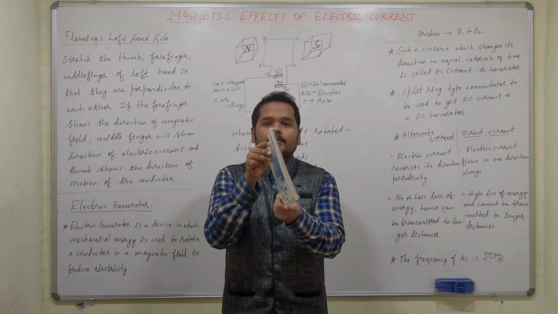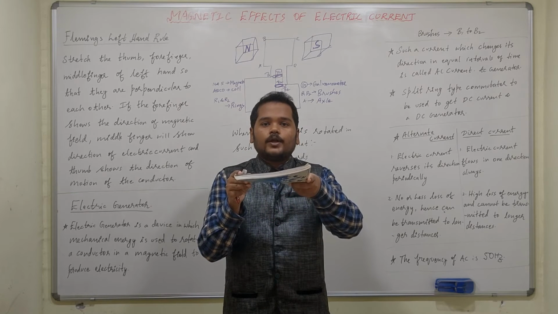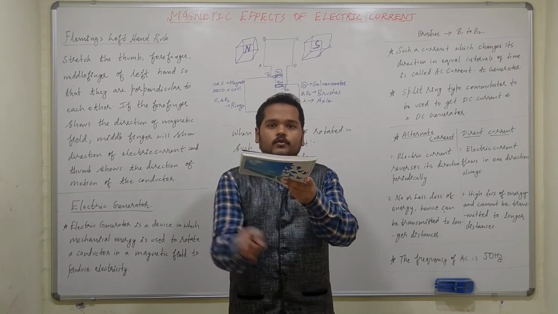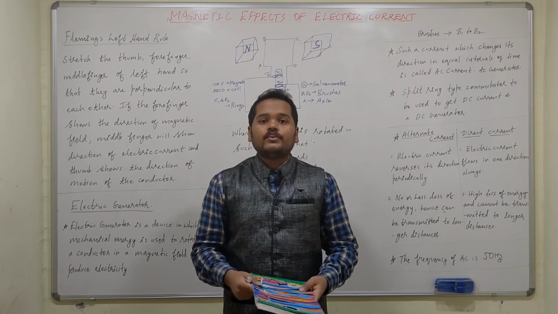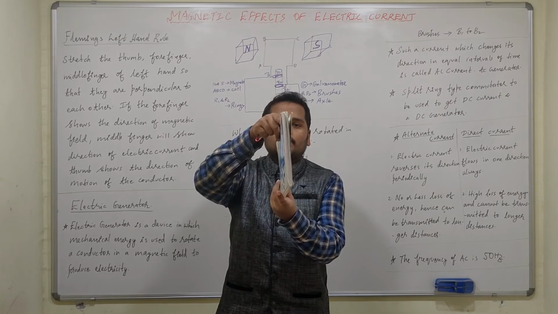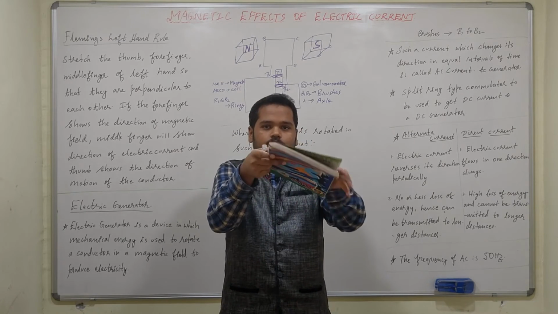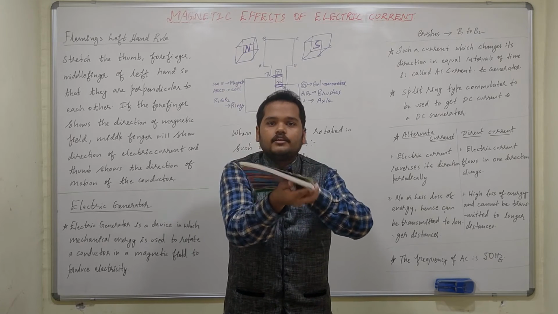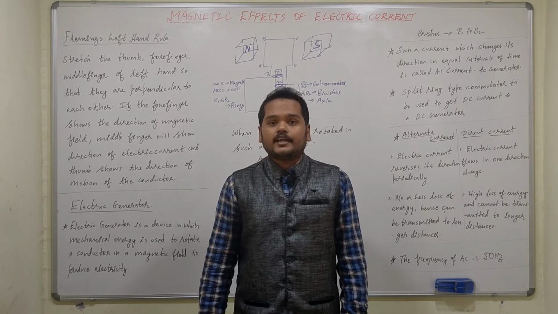Then AB is coming downwards and CD is going upwards. So there is no complete rotation. If you need this complete rotation, you have to use split ring.